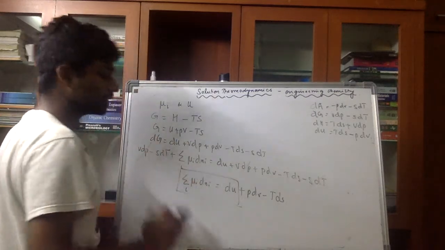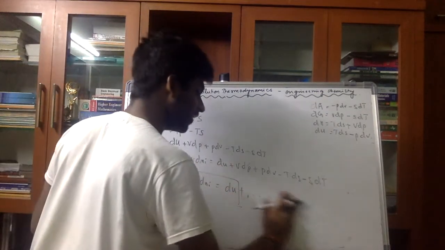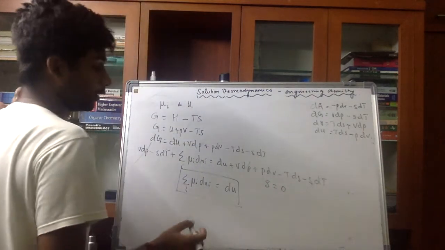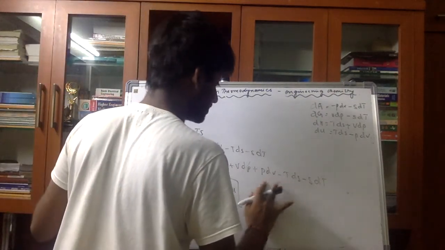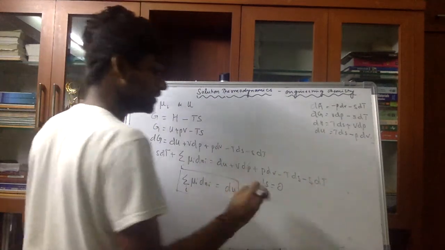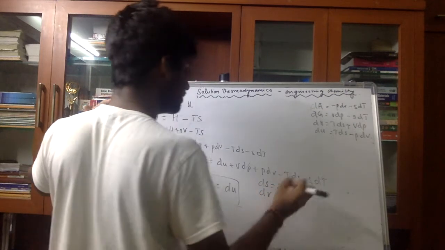When will these two factors be equal? When these two factors become 0. Now when will these two factors become 0? When S is 0 and when V is 0. But S cannot be 0, only dS can be 0, and V cannot be 0, only dV can be 0.